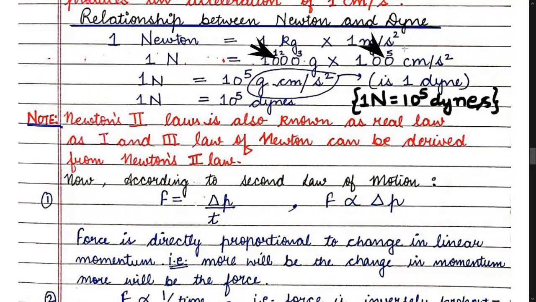So now total the number of zeros here, there are 5 zeros as written above. So we can say that 1 Newton is 10 raised to power 5 CGS unit, which is dynes. So the relation comes out to be 1 Newton is equal to 10 raised to power 5 dynes.